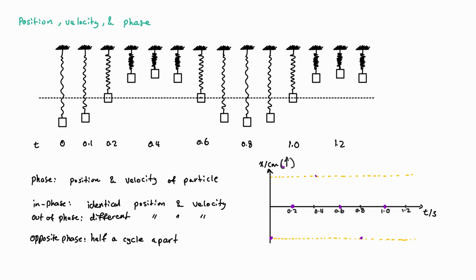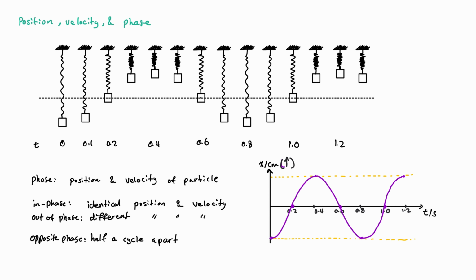At 1.2, it reaches the amplitude in the upward direction again. And I can draw a sinusoidal curve here showing how the position of the particle or the object changes with respect to time. And again, we are assuming that there is no energy loss here.